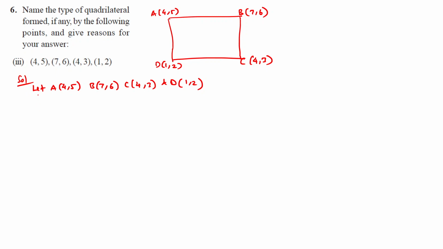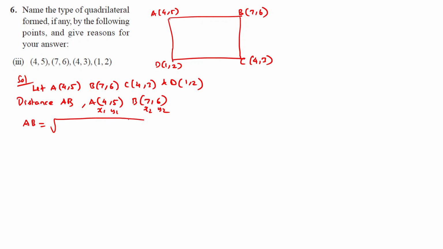Okay, so now first to find the distance of AB. Distance AB. So what are the coordinates? A is 4 comma 5, B is 7 comma 6. So x1 y1 x2 y2. So AB distance is equal to square root of x2 minus x1 whole square plus y2 minus y1 whole square.